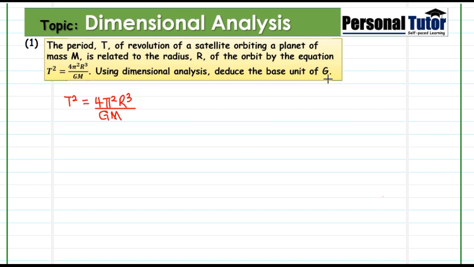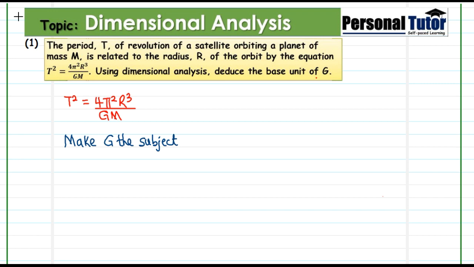But we are supposed rather to find the unit of G. So per the first step, we ought to make G the subject of the relation, for the simple reason that it is G whose unit we have to determine.